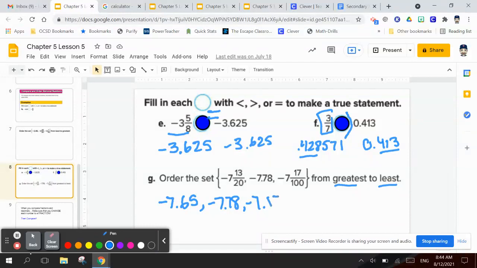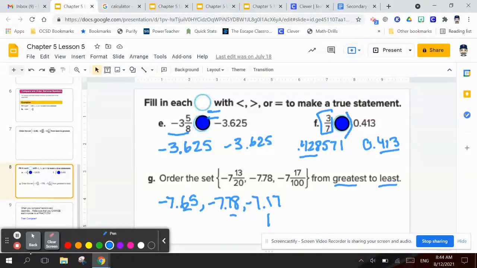So it's 17. So now I want to compare those. So again, which one of those is closest to 0 is the largest? Well, 17 is closer to 0 than 78 or 65. So this one would be number 1. 78 and 65.